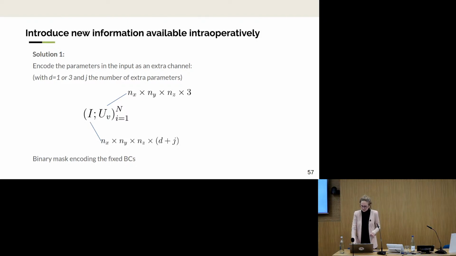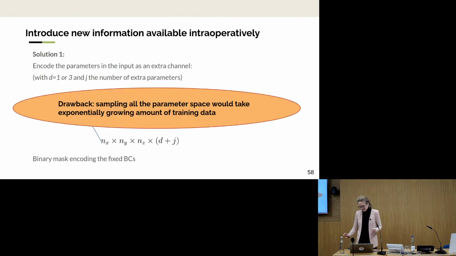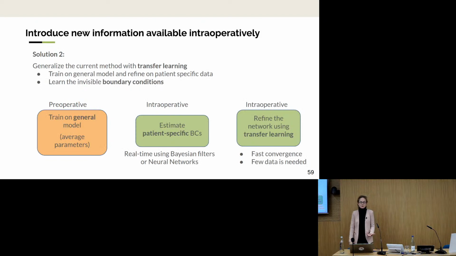The problem with these approaches is that the bigger the number of parameters we want to sample, the bigger the amount of training data, and it is some kind of a brute force solution to introduce this information in the network like that. So a more subtle solution relies on the usage of transfer learning to generalize our networks.